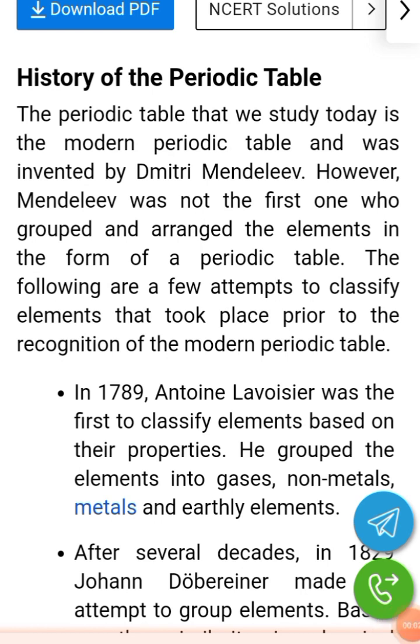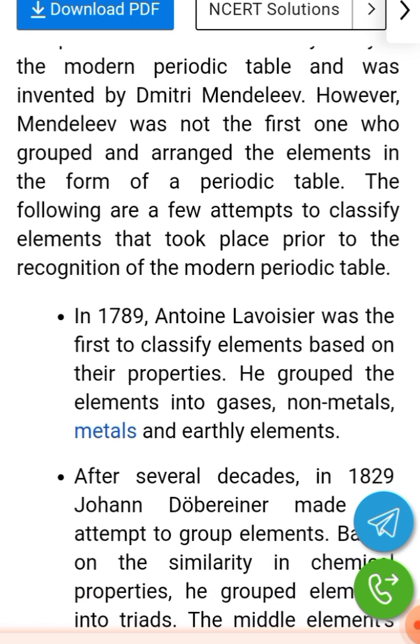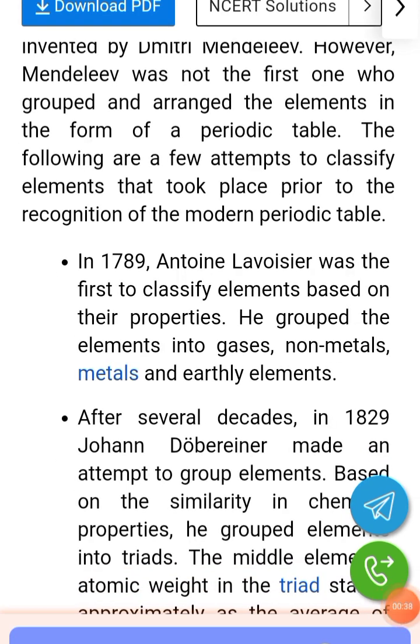Now, history of the periodic table. The periodic table that is studied today is the modern periodic table and was invented by Dmitri Mendeleev. However, Mendeleev was not the first one who grouped and arranged the elements in the form of a periodic table. The following are a few attempts to classify elements that took place prior to the modern periodic table.